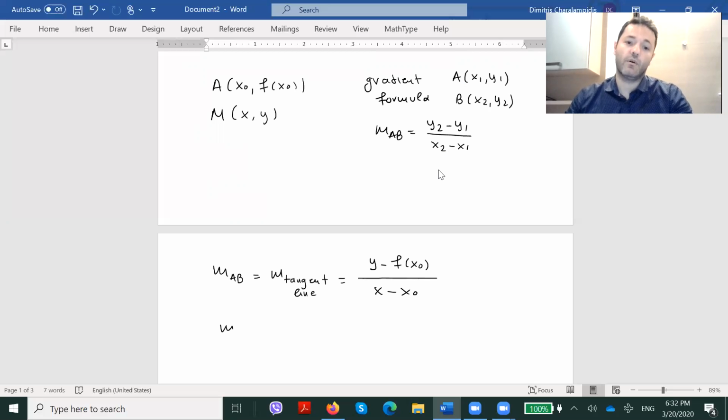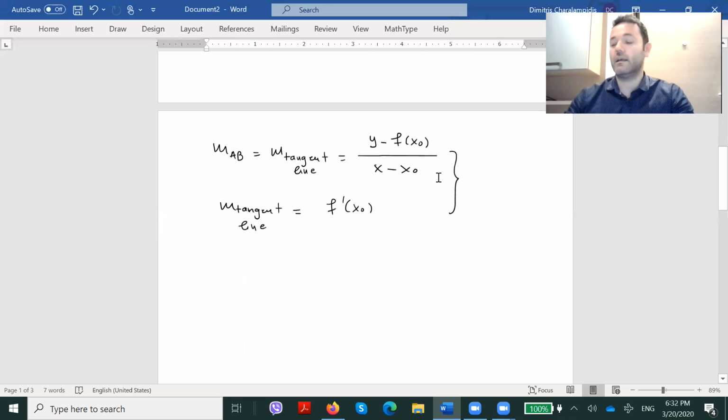But we already know that the gradient of this tangent line is equal to f prime of x0. And this means that these two expressions are indeed equal to each other. Therefore, f prime of x0 is equal to y minus f of x0 over x minus x0.